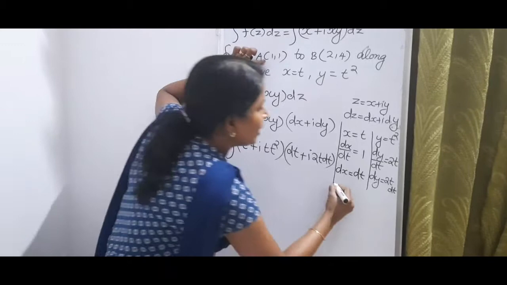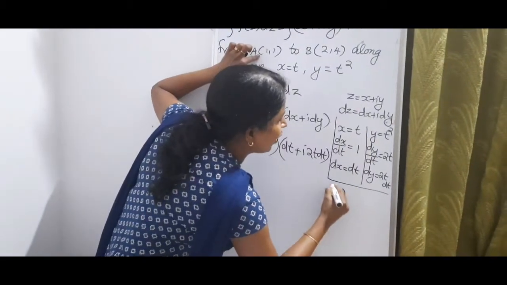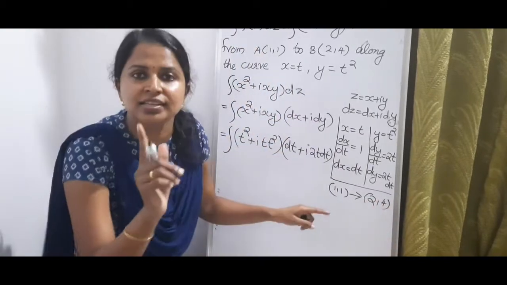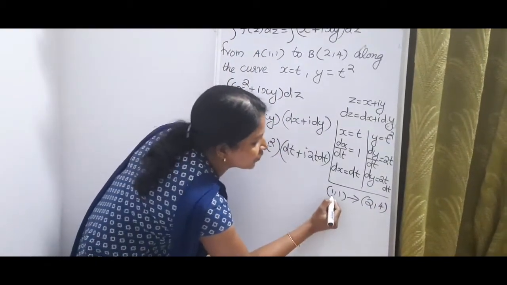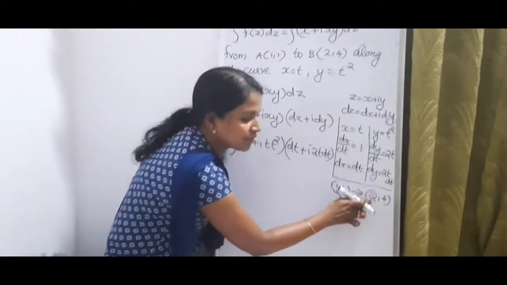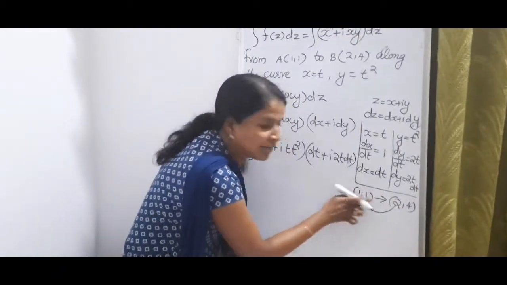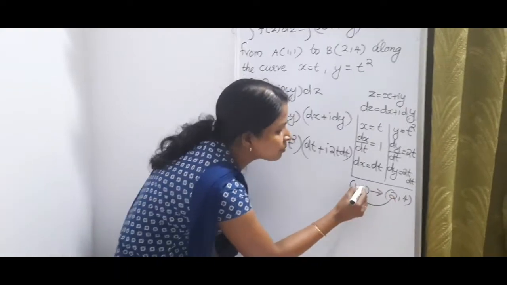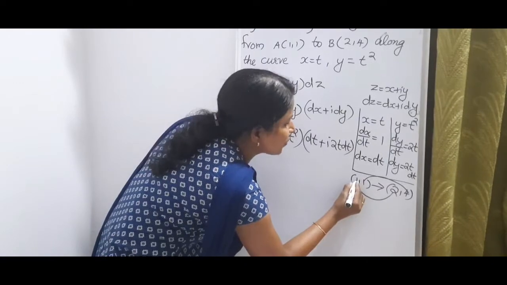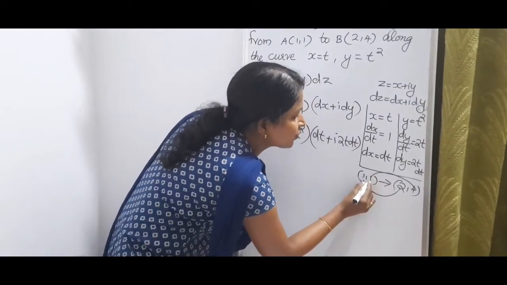For the point (1, 1) to (2, 4), x varies from 1 to 2 and y varies from 1 to 4.